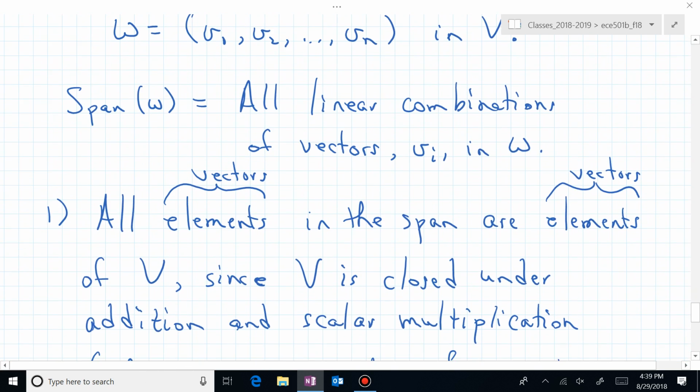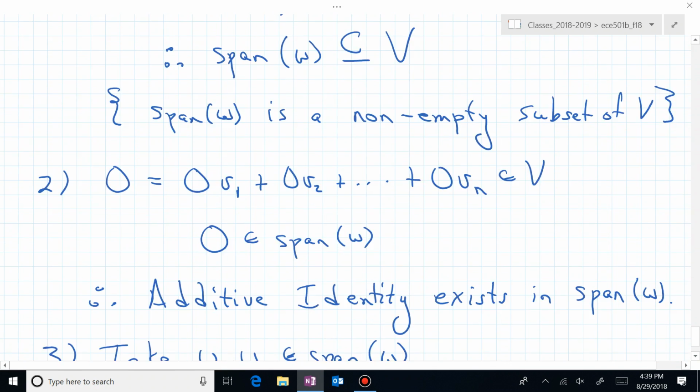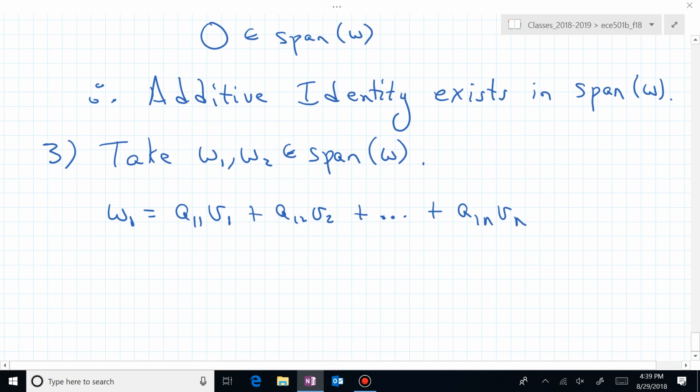Yes, so my n's are consistent, aren't they? And if we use that same notation, the linear combination of V's to make up W2 is A21 V1 plus A22 V2 plus and so on up to A2n Vn.